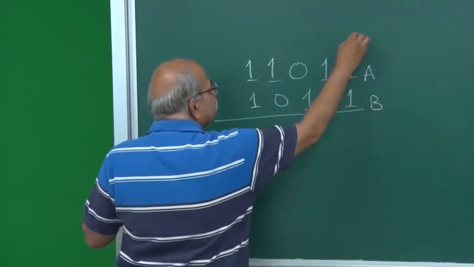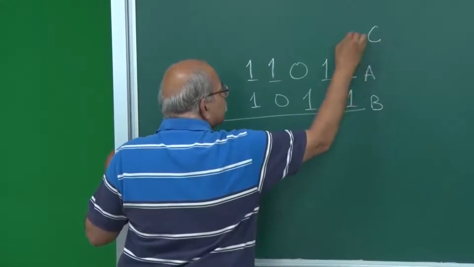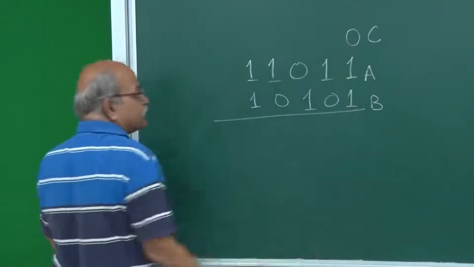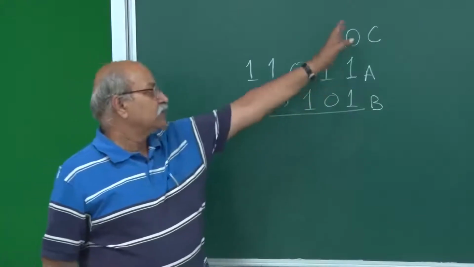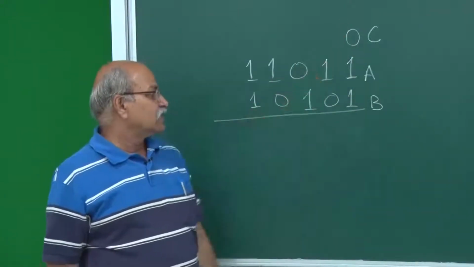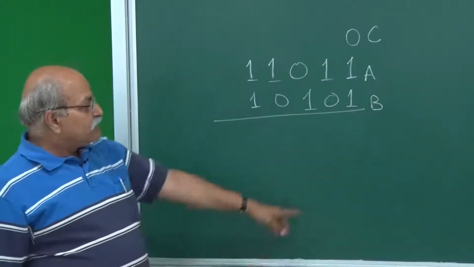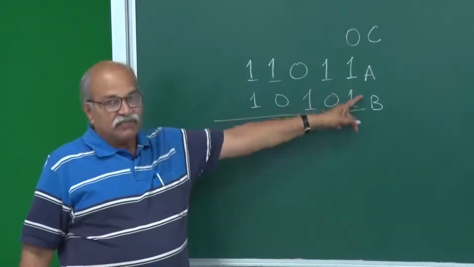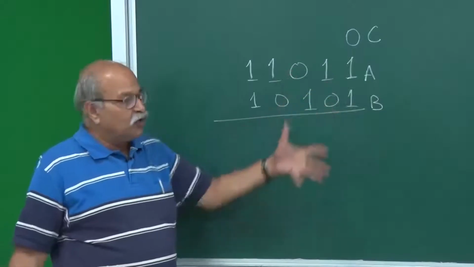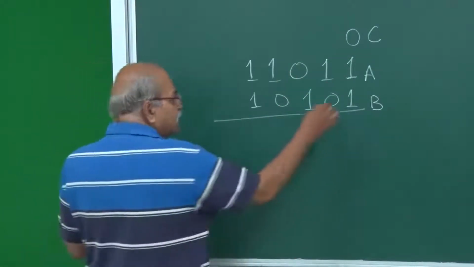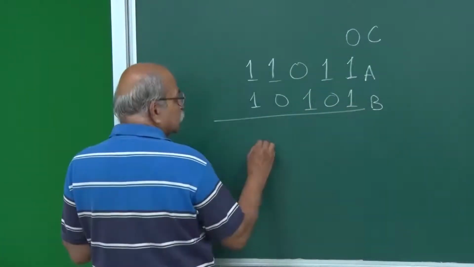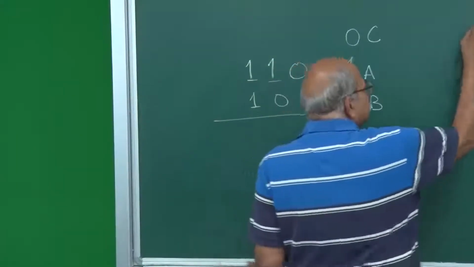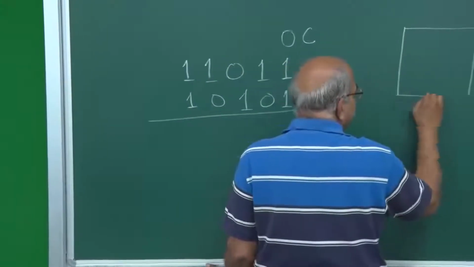So, this is let us call it A, let us call it B. So, what we do, and this is our carry. So, initial carry is always 0. Once you are in the rightmost position, initial carry is always 0. So, what we do is we first half add these two A and B, half adder operation. So, if you do this half adder operation, so let me write it here. Let me write half adder here.